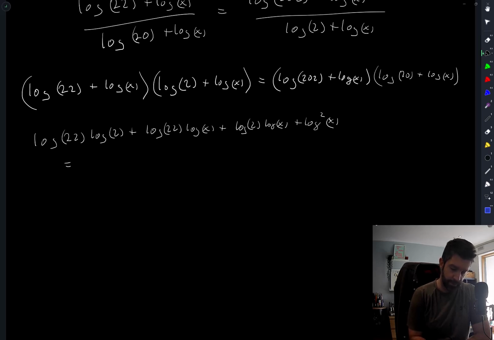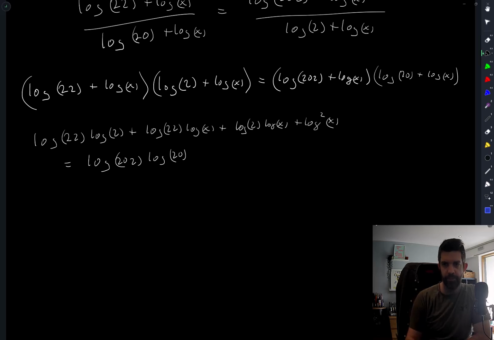I'm going to write it on two lines. I don't normally like doing that, but the quadratic is going to cancel from both sides. So I'm not sure if that's a good thing. Oh, I see.